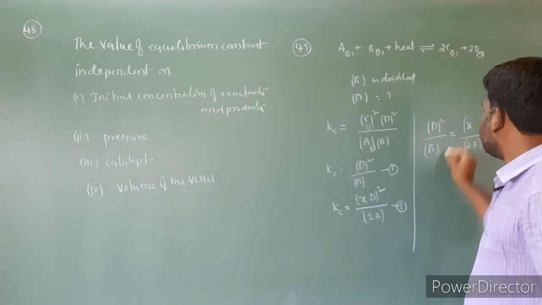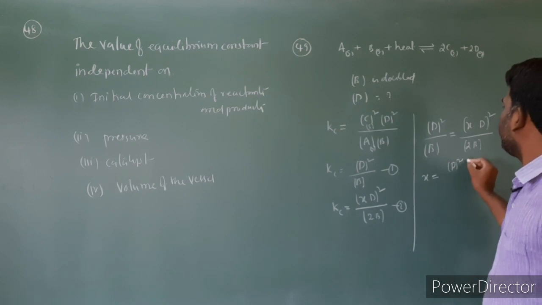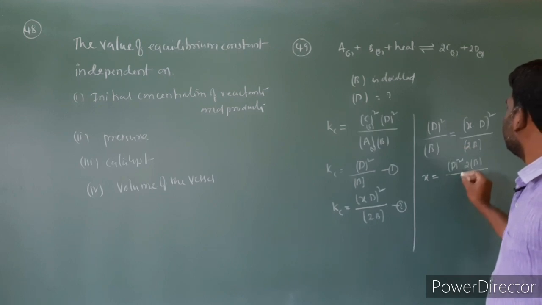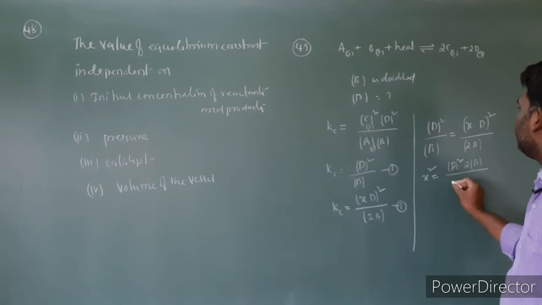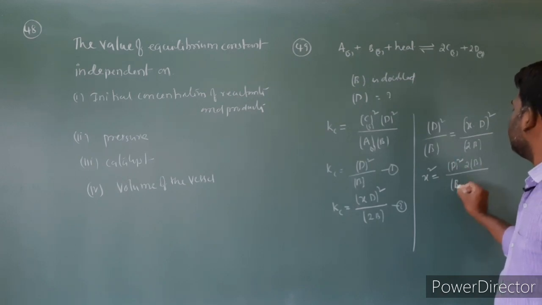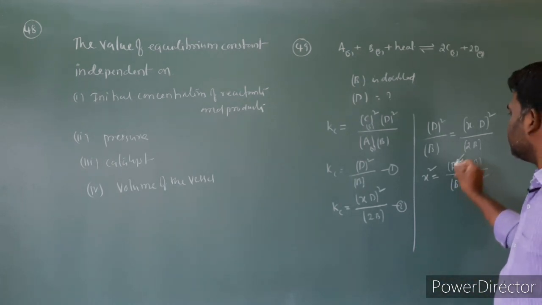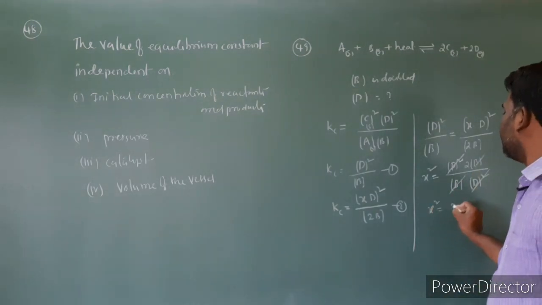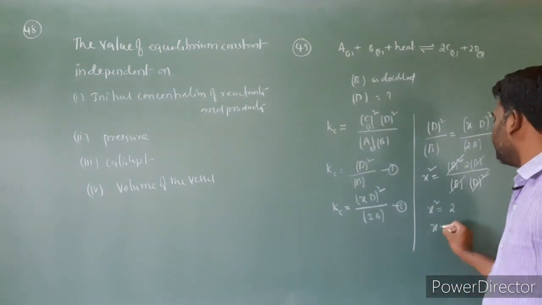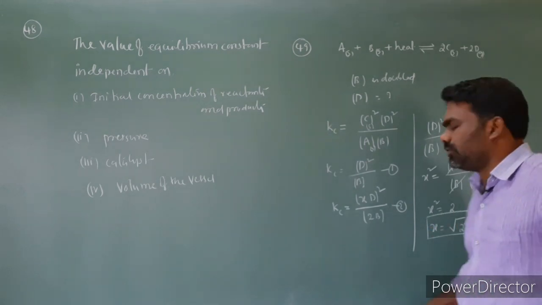Then we have to find X. So X square is equal to D concentration power 2 into 2B concentration by B concentration and D concentration power 2. The D concentration power 2 cancels, B cancels. Then X square is equal to 2, so X is equal to root 2. This is the X value.